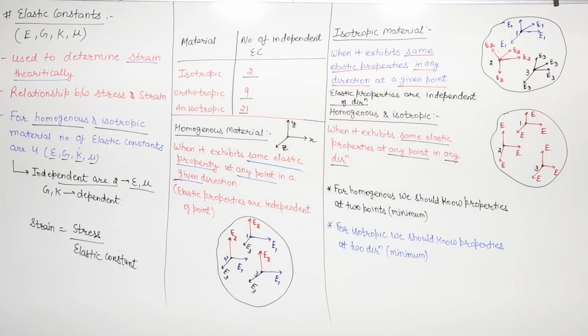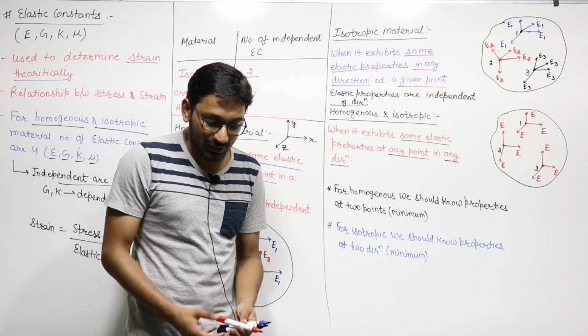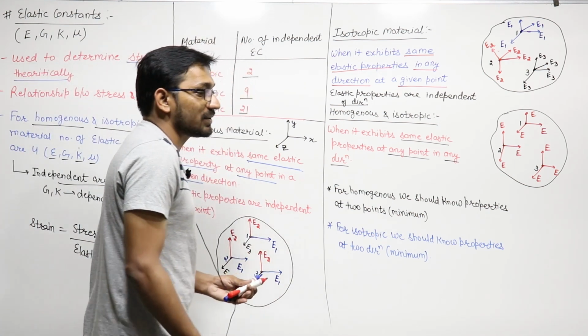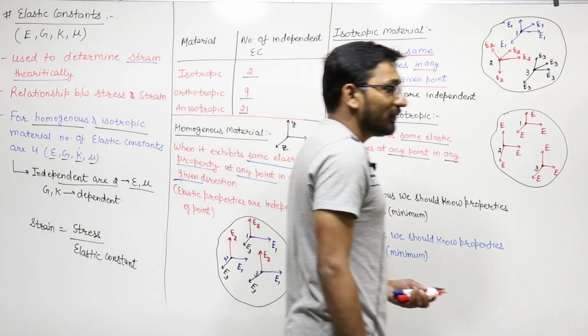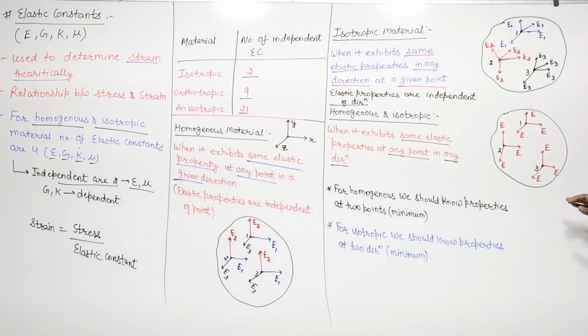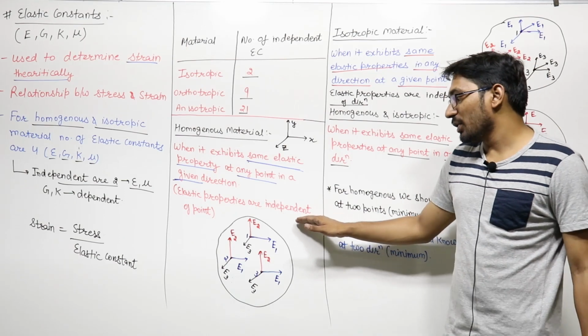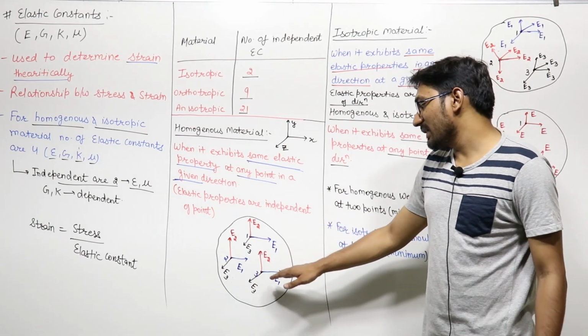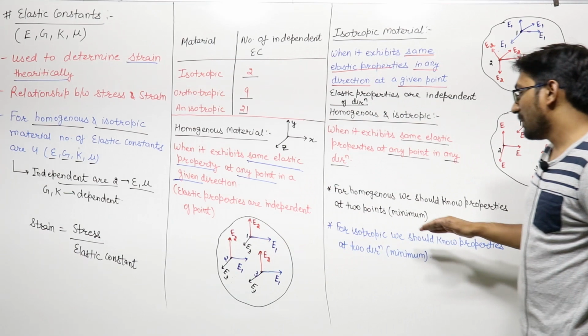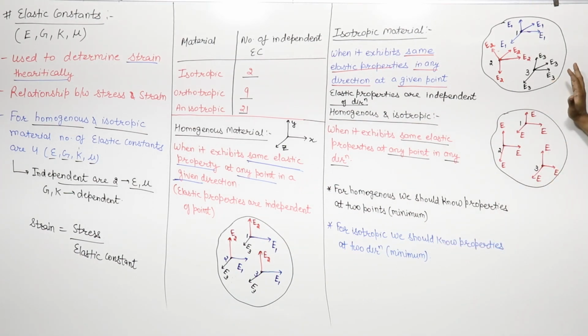So we can say that for homogeneous and isotropic, the number of elastic constants are 4, out of which 2 are independent and 2 are dependent on the rest of the 2. Now in this case, for homogeneous, we should know properties at 2 points, right? Because in homogeneous, we should know the properties at 2 points minimum, but for the isotropic material, we should know the properties at 2 directions.